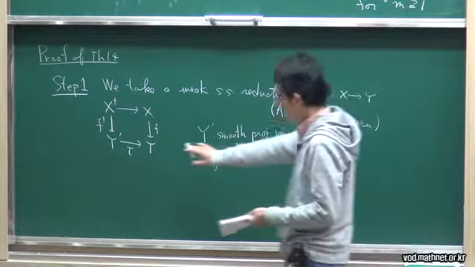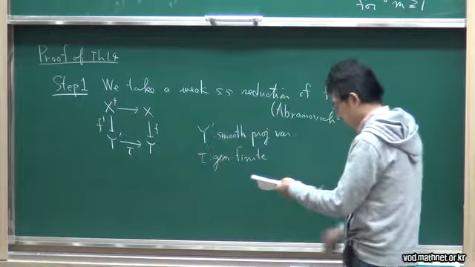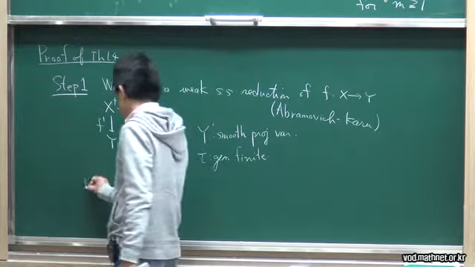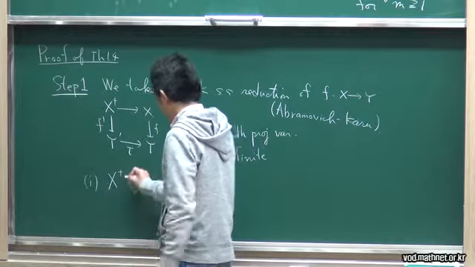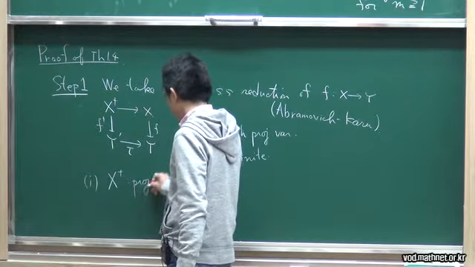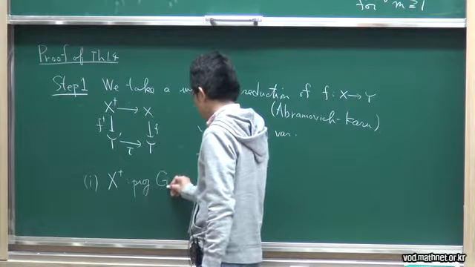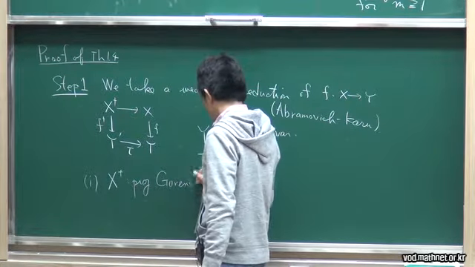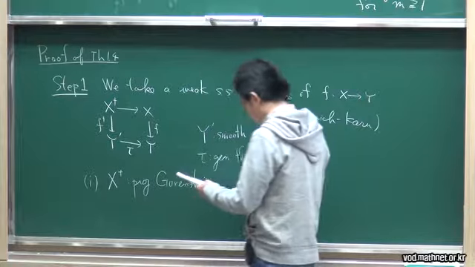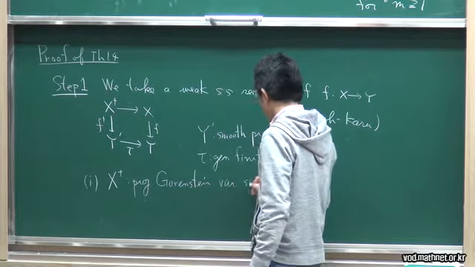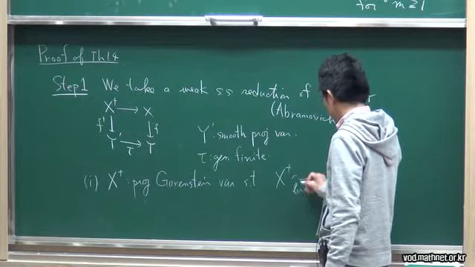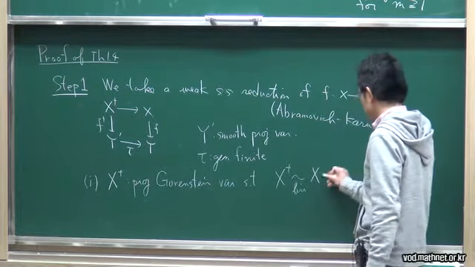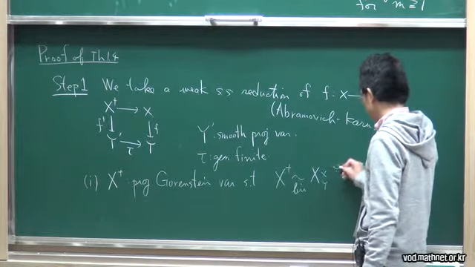And this diagram satisfies the following conditions. The first condition is that X dagger is, of course, a normal projective Gorenstein variety such that X dagger is birationally equivalent to the base change X times Y prime.